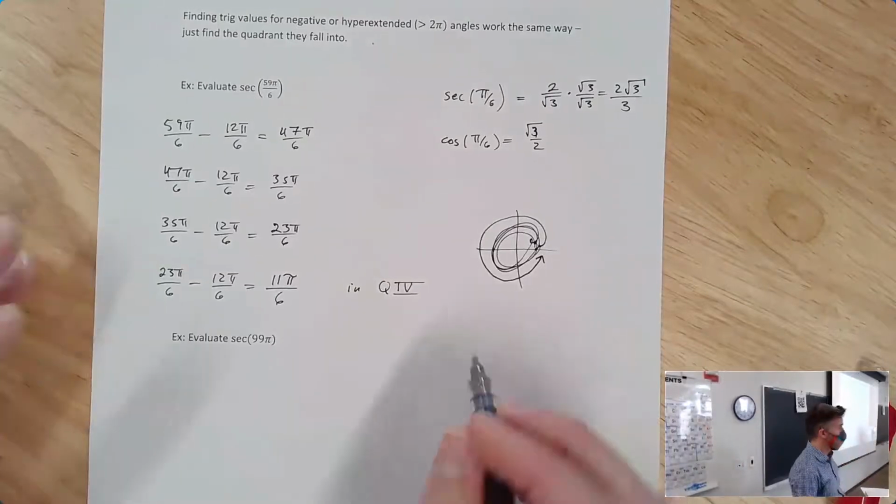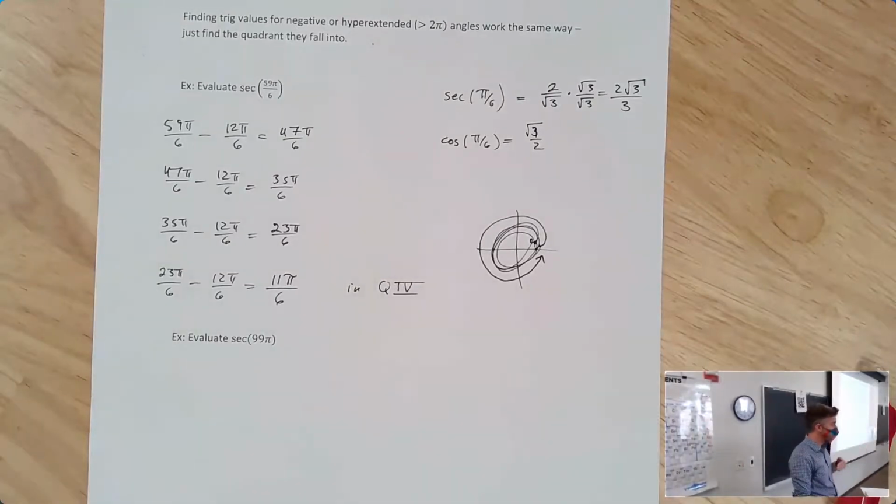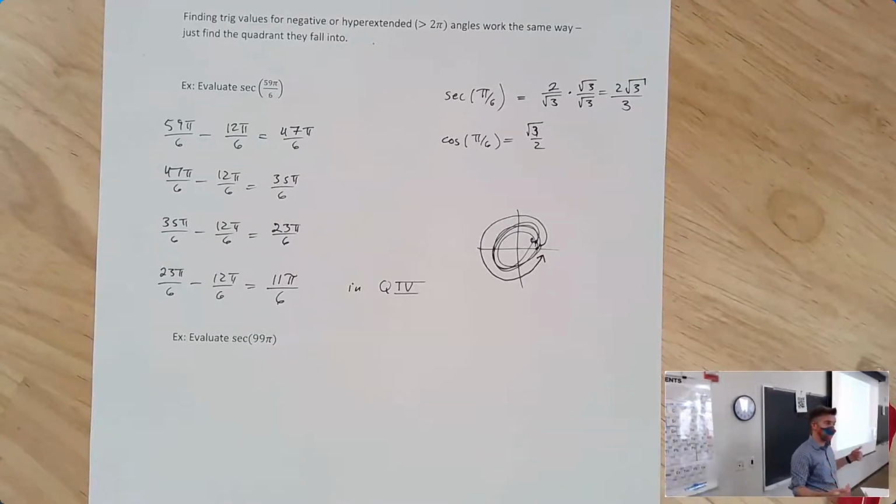In either event, our angle's in quadrant 4, meaning cosine is positive or negative, which means secant is positive or negative. Whoa. If cosine is positive, secant is definitely also positive, because reciprocal things always have the same sign.